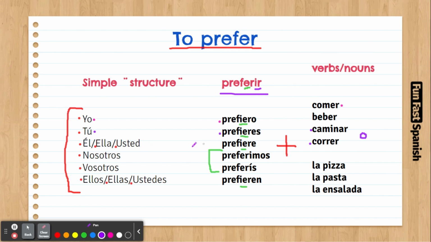So it's easy, right? Let's say I have a question about your friend, and I'm thinking, okay, does she prefer pizza or pasta? So how would you say that? Does she prefer pizza or pasta? I'm going to give you 5 seconds for this one.